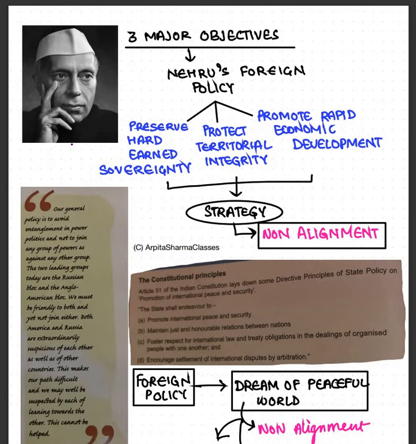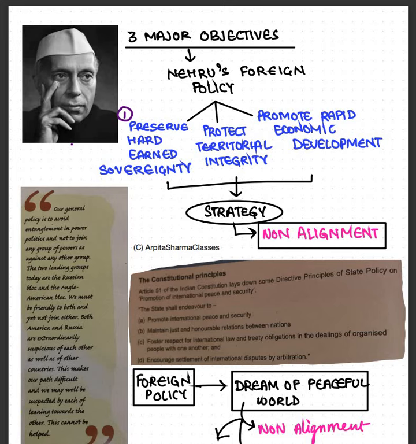Now, Jawaharlal Nehru ji had three major objectives when he formulated the foreign policy of India. First objective was, yes, to preserve hard-earned sovereignty of India. We had put in so much amount of sweat and blood to win our independence back. We cannot just let ourselves get dominated by the foreign countries or international nations. हम ऐसा नहीं करने दे सकते थे बाहर की कंट्रीज को कि भाई तुम आकर हमारी पॉलिसीज को इन्फ्लुएंस करो. नहीं, राइट. हमने बहुत मुश्किल से, बहुत मेहनत से ये सोवरेंटी, ये फ्रीडम अटेन की थी.